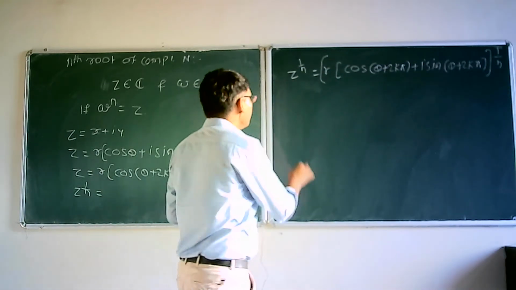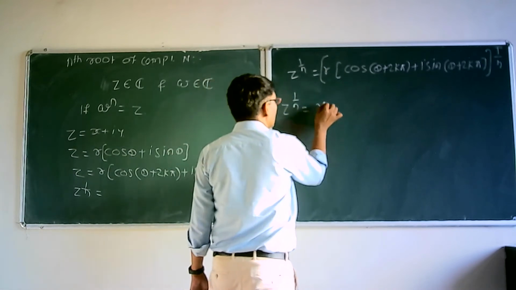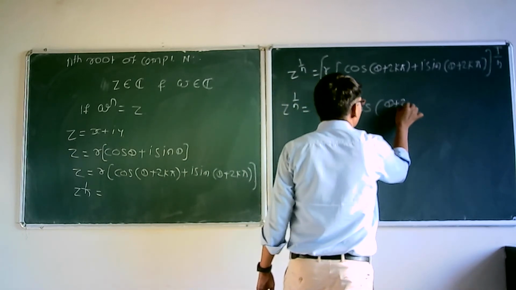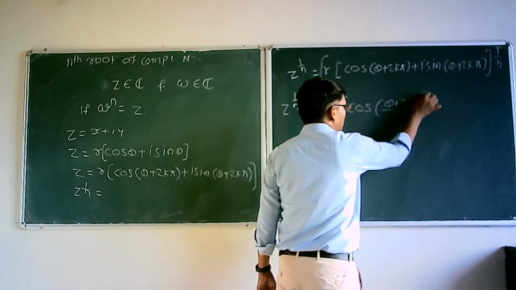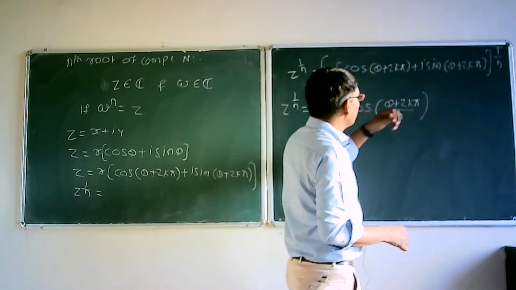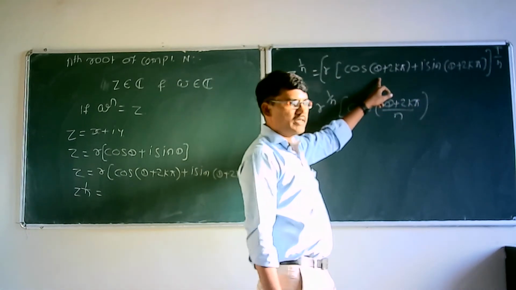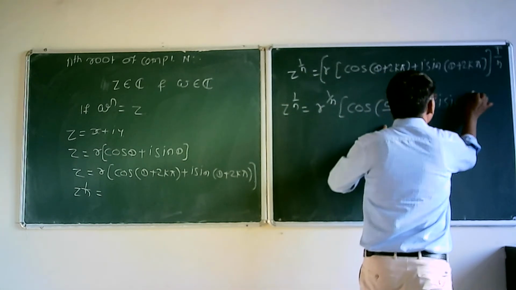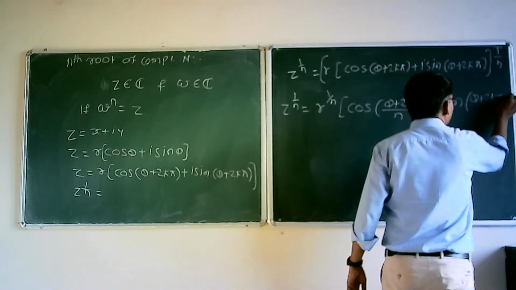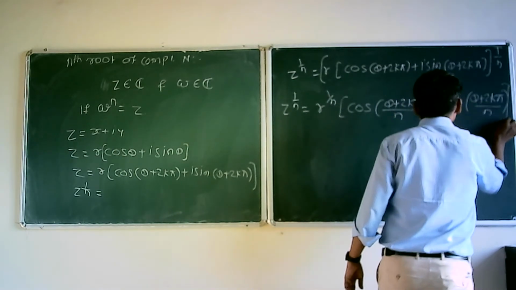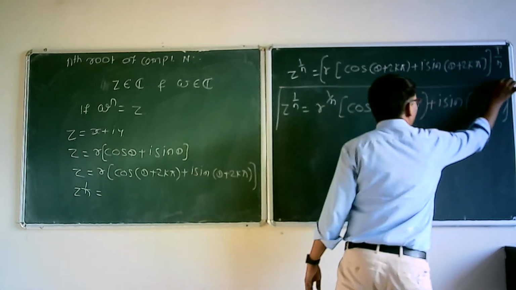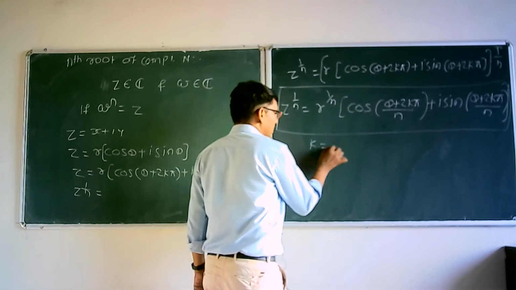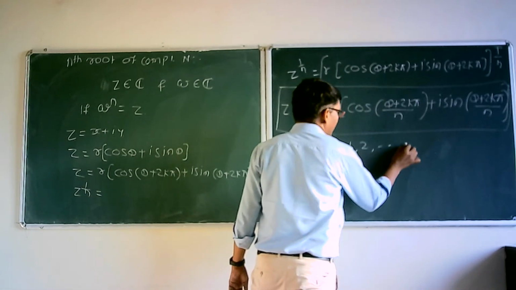So z raised to 1 by n is equal to r raised to 1 by n into cos of (theta plus 2k pi) divided by n, by using De Moivre's theorem, we multiply the angle by 1 by n, plus i times sin of (theta plus 2k pi) divided by n. So by using this formula we can find all n roots of the complex number, where k is equal to 0, 1 up to n minus 1.